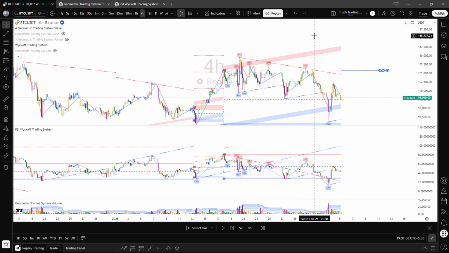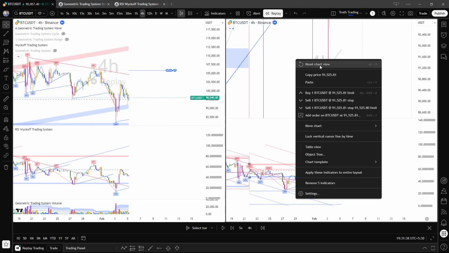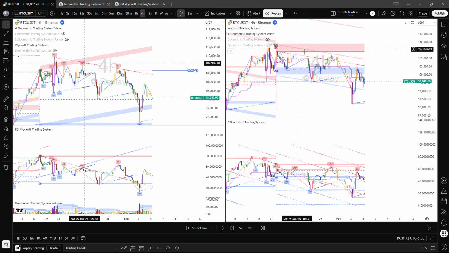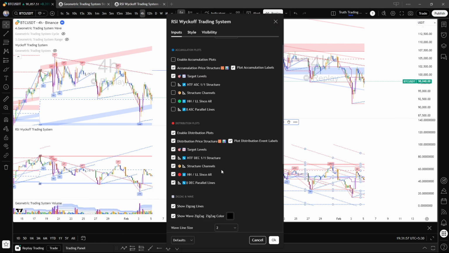And if I have these 1, 2, the descending, so this is your accumulation structure and this is your distribution structure perspective. And you can see here, let me just disable the parallel line.